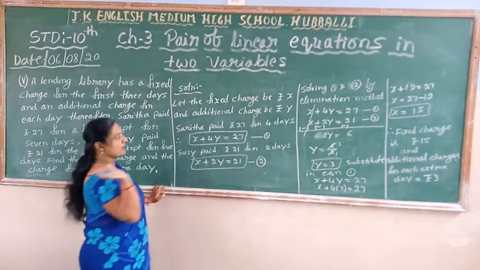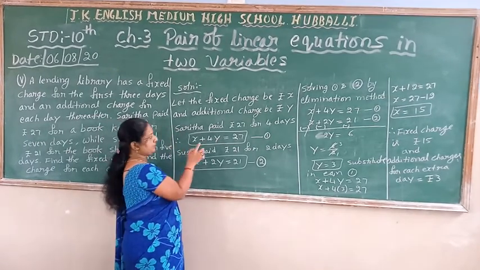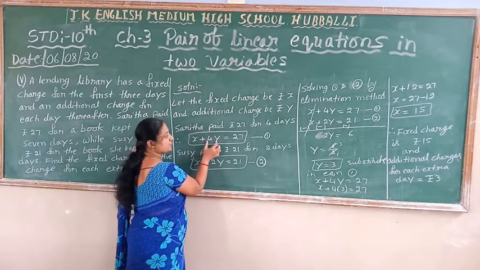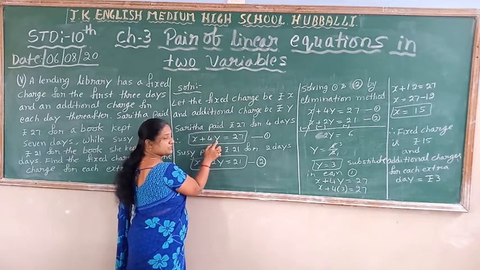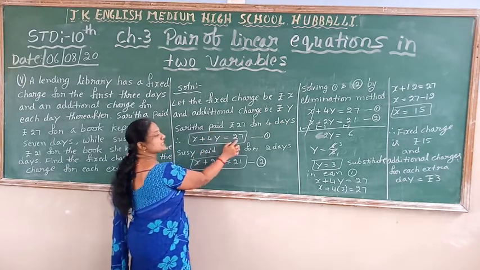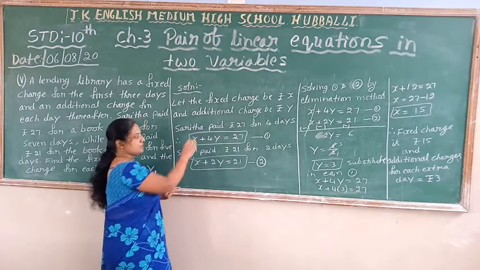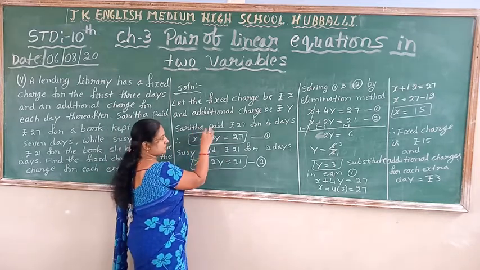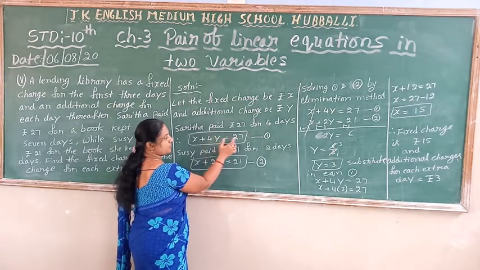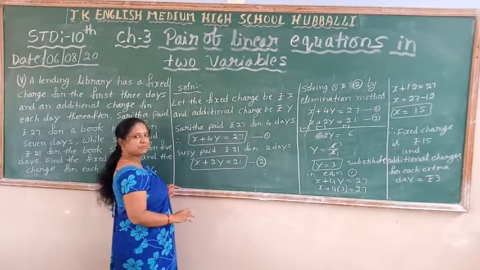According to this statement, first 3 days fixed charge x rupees, next 4 days extra y rupees per day, so 4 into y is the additional amount, and totally she paid 27 rupees. So x plus 4y is equal to 27.